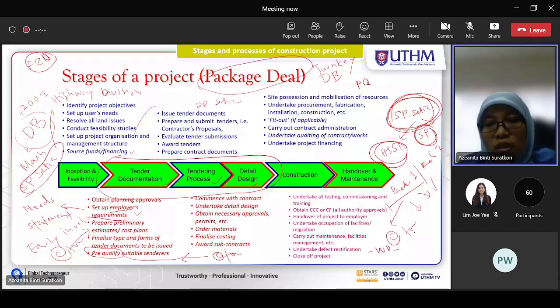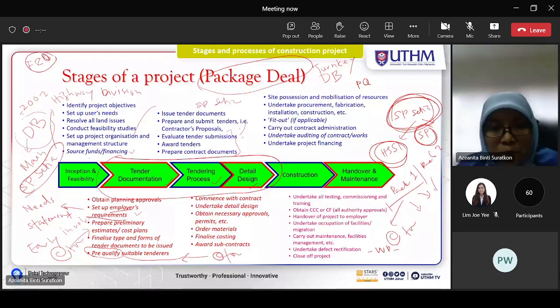There is a lot of work. The subcontractors do the bid, and SP Setia needs to evaluate the tender submissions, because everything is under SP Setia to manage on behalf of the client. The client is actually JKR, which represents the government of Malaysia.